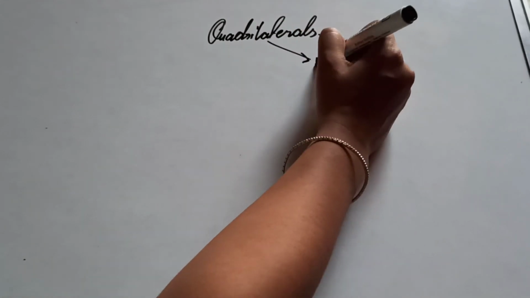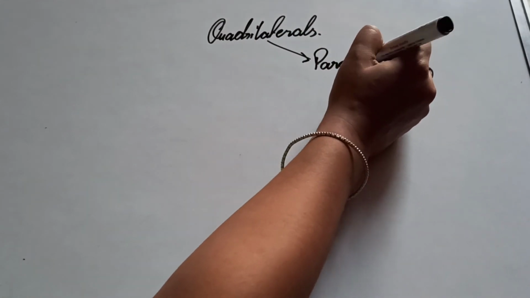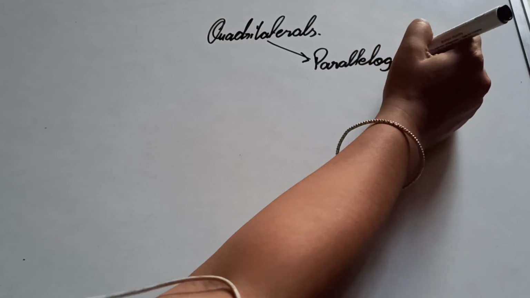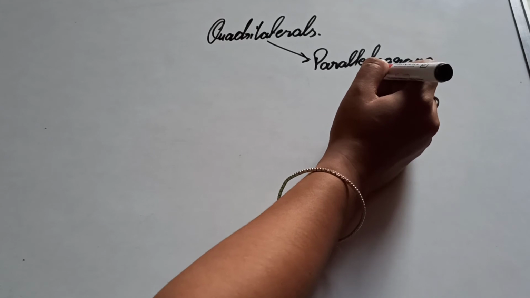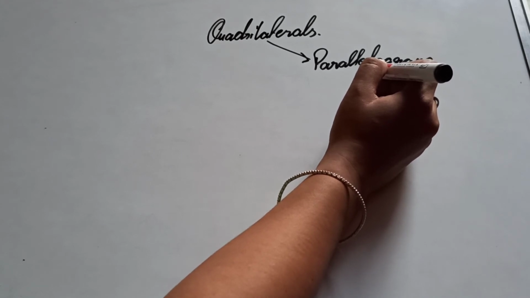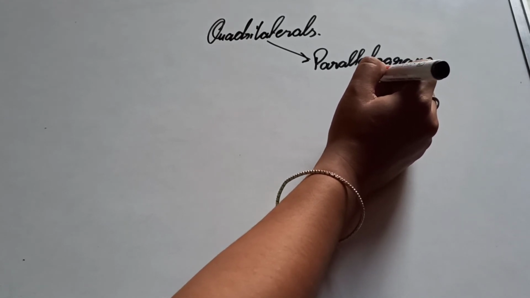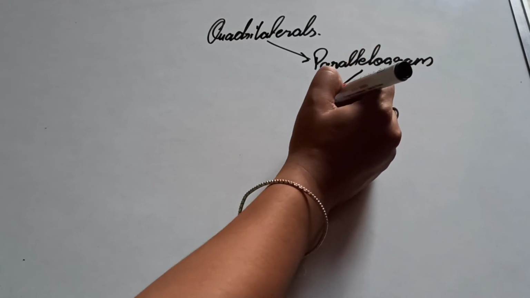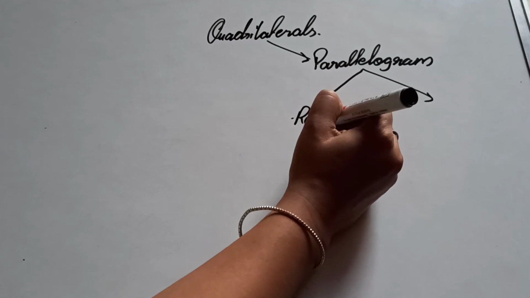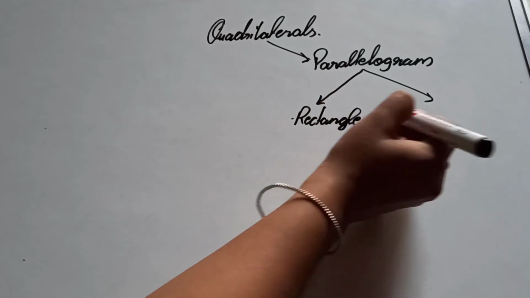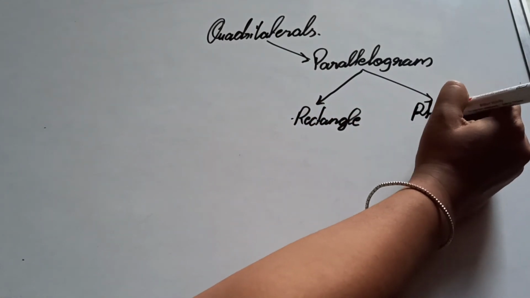In quadrilaterals I have discussed the parallelogram. I have told you the properties of a parallelogram: opposite sides are equal, opposite angles are equal, and diagonals bisect each other. Then I discussed two types of parallelogram. One is the rectangle, the other is the rhombus.